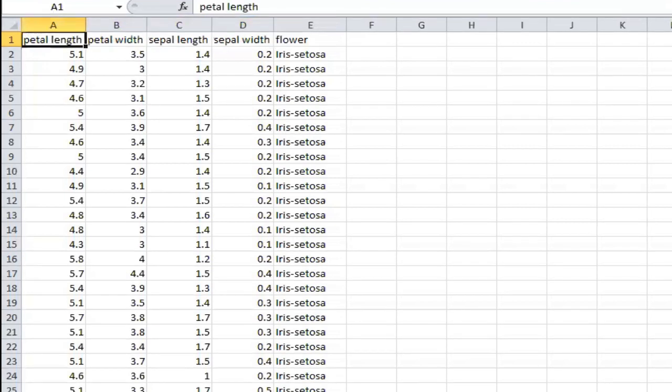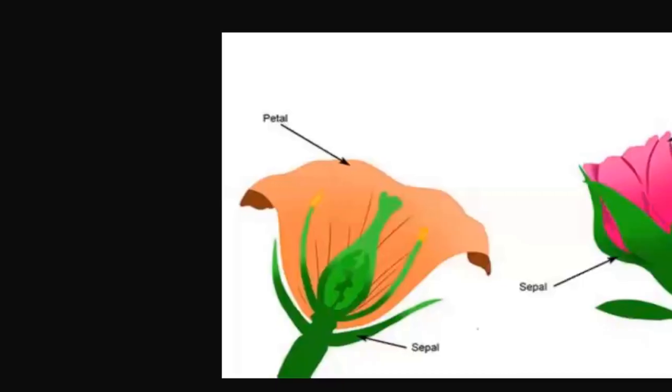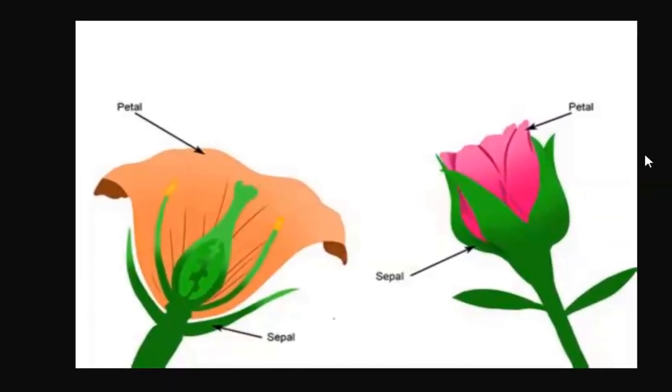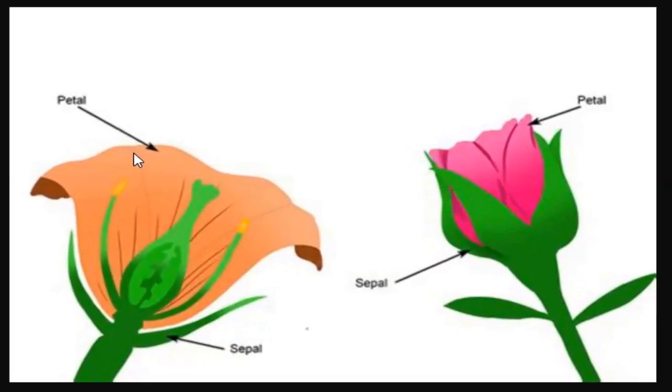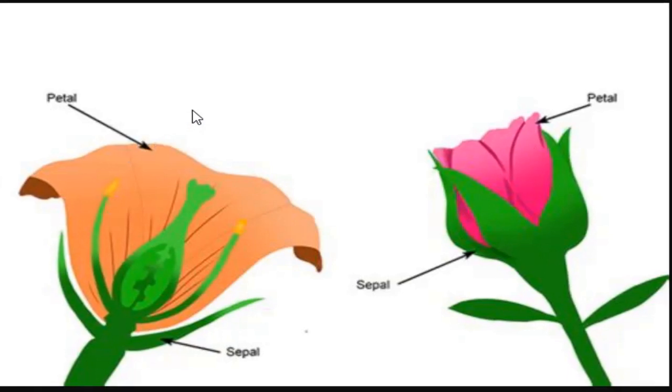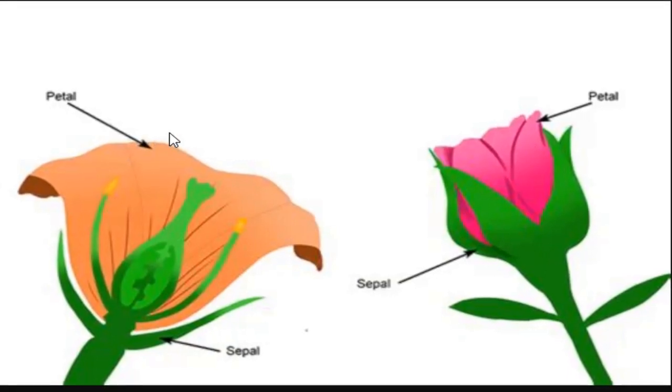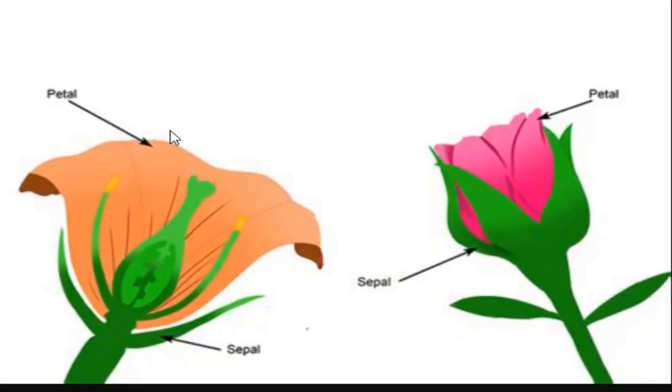Now, what are petal and sepal? Well, if you have studied bio, then you may know this, but I have this image. The petal is the original leaf of the flower. Any flower you have, the leaf will be known as the petal.